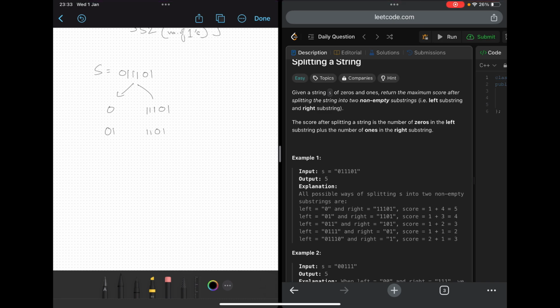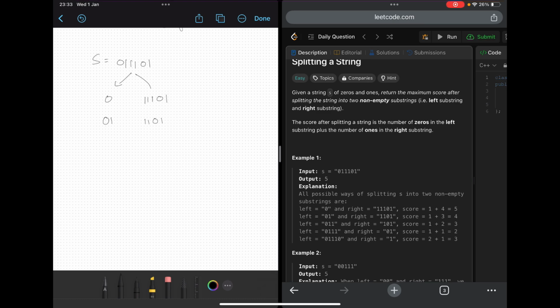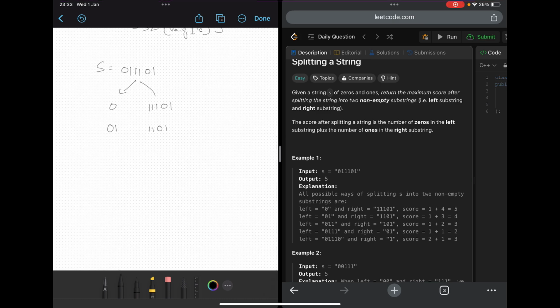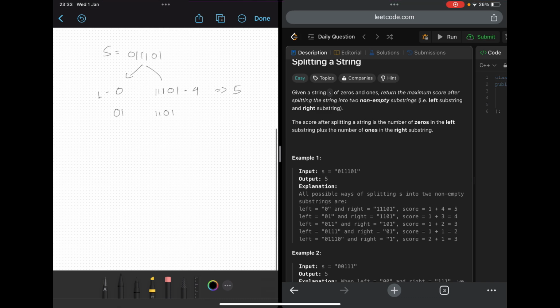Let's take these two examples and see what the score would be. Here the number of zeros is 1 and the number of ones is 4, so the total score would be 5. Similarly here the number of zeros is still 1, but in our second substring the number of ones is 3, so the total score would be 4.